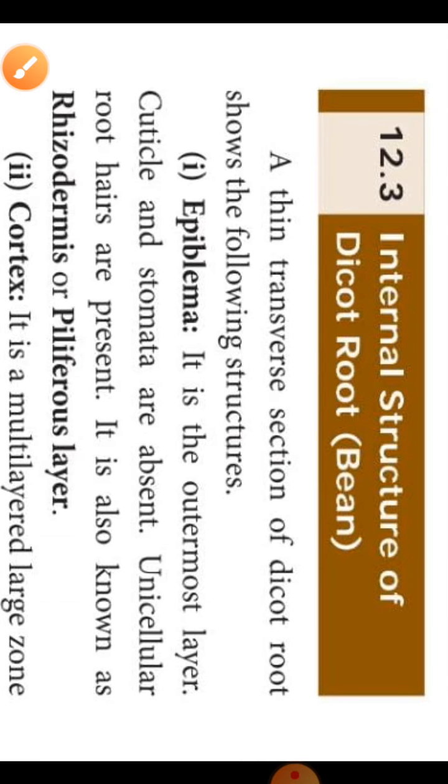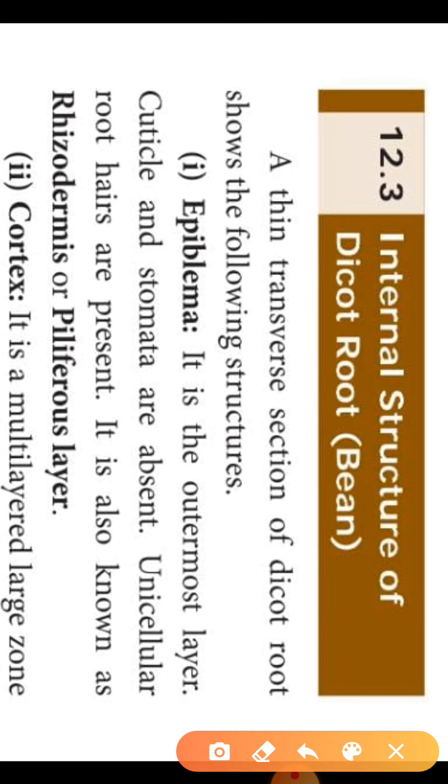First one is epiplemma. It is the outermost layer. We know that is epidermis, right? But in epidermis, cuticle and stomata are present.